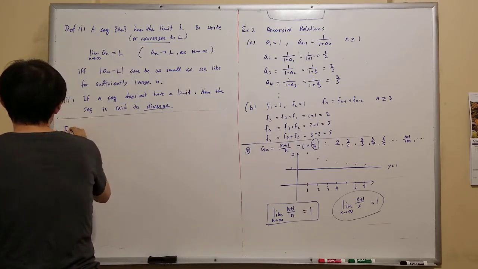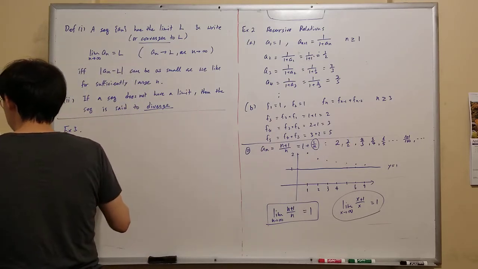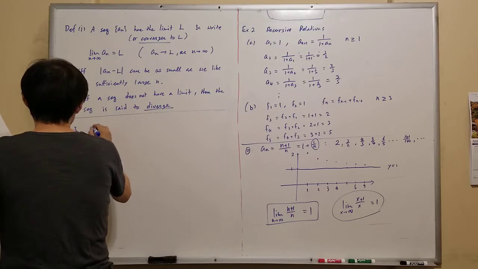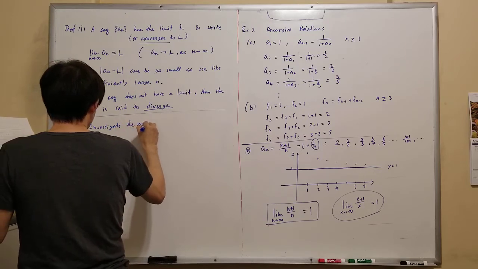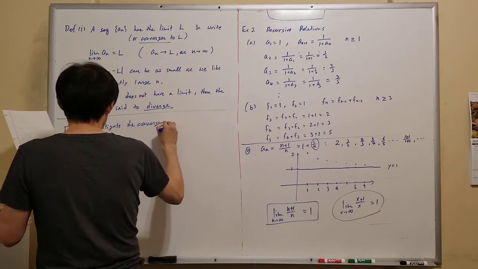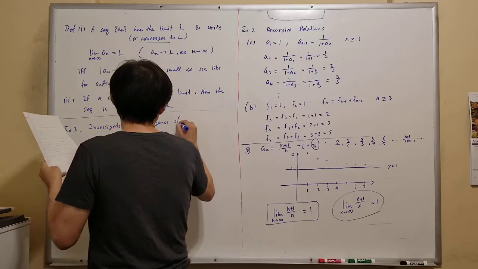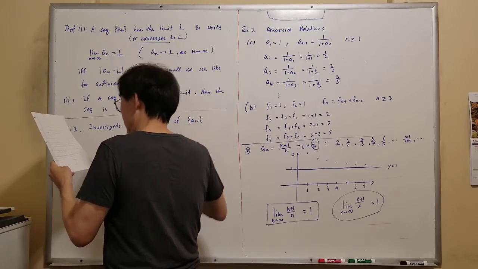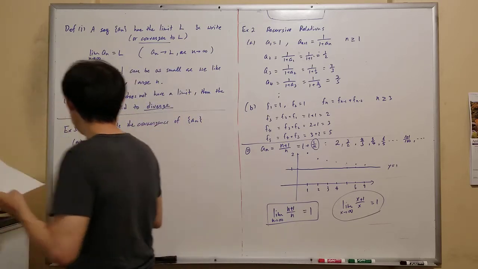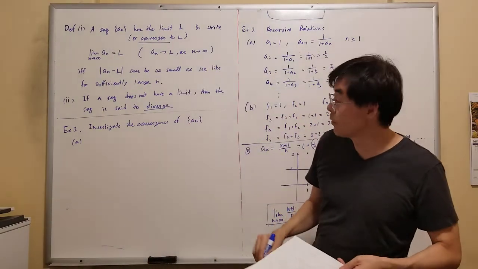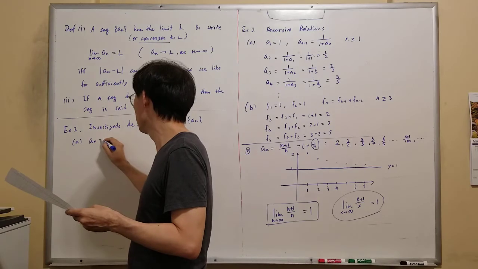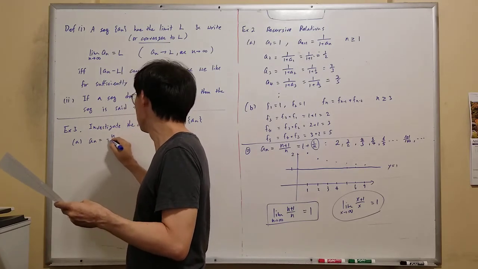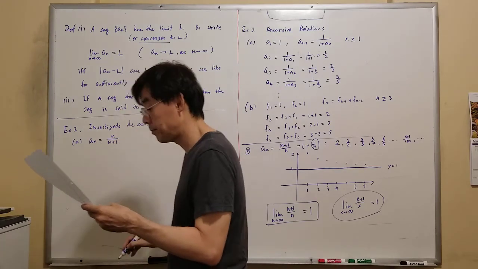So example 3. Investigate the convergence of the following sequences. A, a_n equals n over n plus 1.